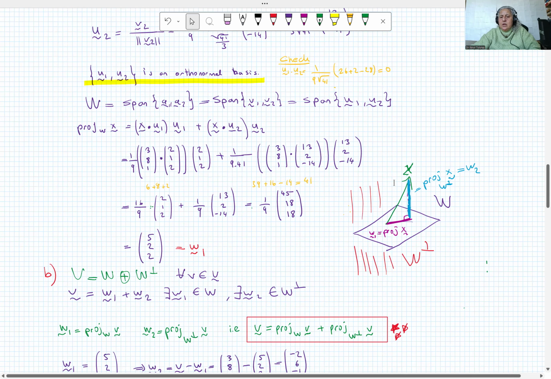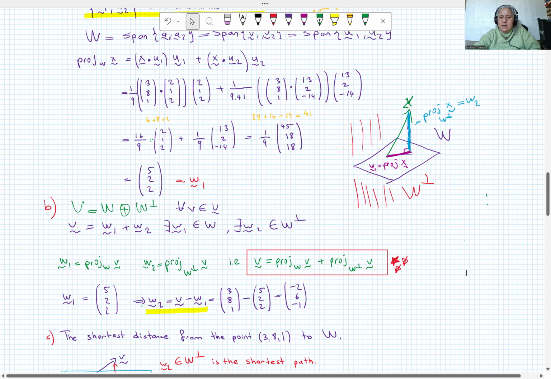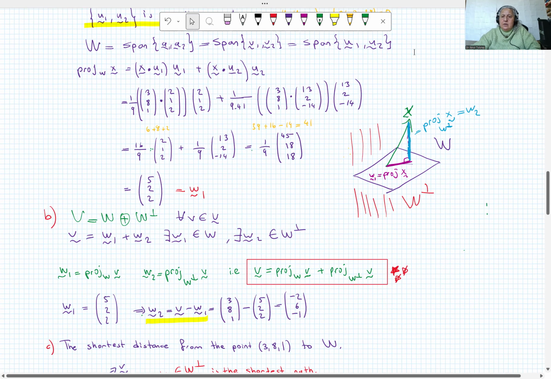This plus this will give you this. That's nothing else than x or v, whatever. I think I messed up x and v in several places in this equation. x equals v in this example.